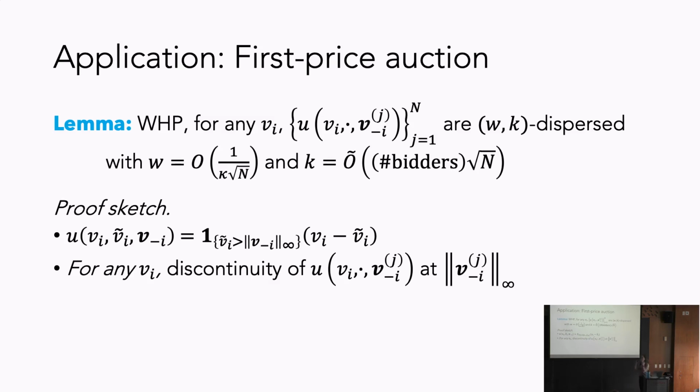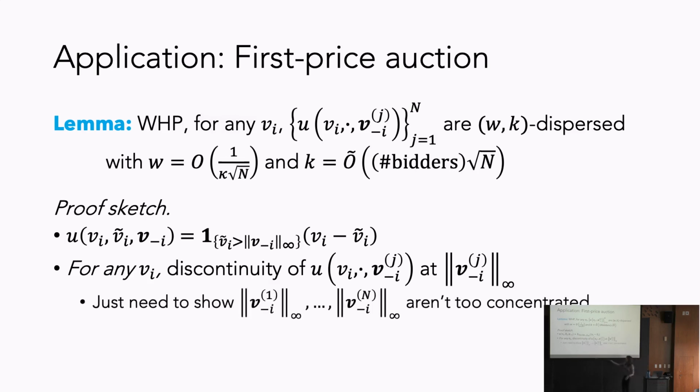So that means there's a lot of structure among these infinitely many function sequences. No matter what vi is, in any of these infinitely many function sequences, the discontinuity happens at the same place. So there's a lot of structure we can use. In other words, we just need to show that these n many L infinity norms aren't too concentrated.